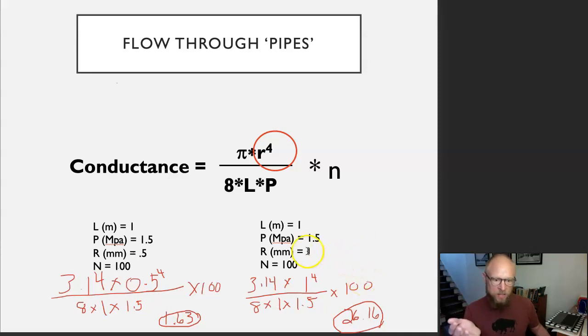What that means is if you double the size of a pipe, you don't double the ability to move water, you increase it by a factor of 16. So a relatively small change in the diameter or the radius of a pipe has a huge impact on how much water it can move.